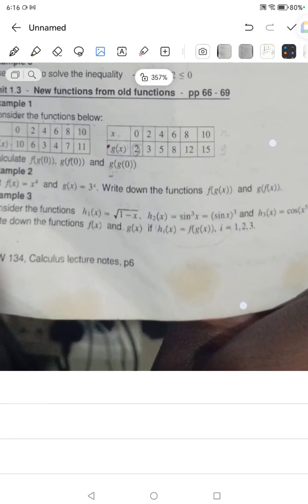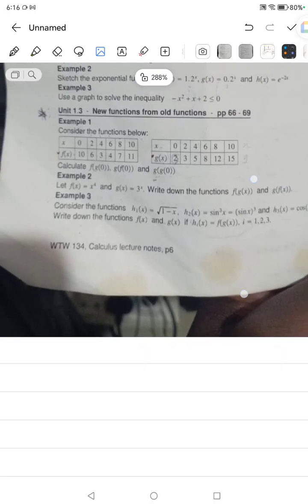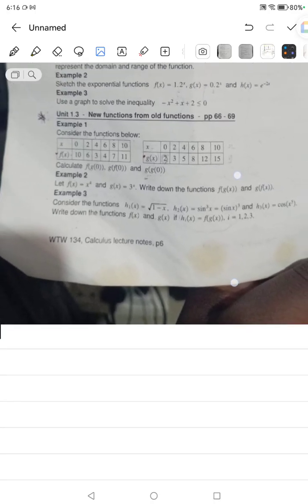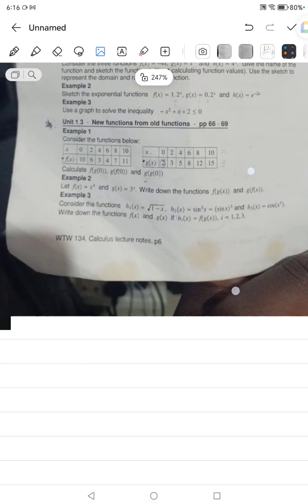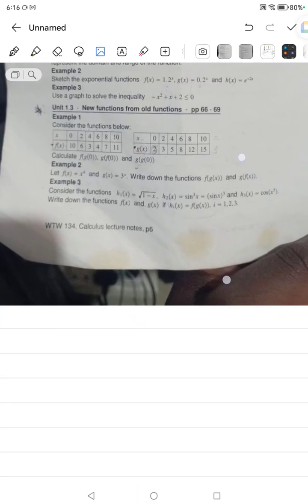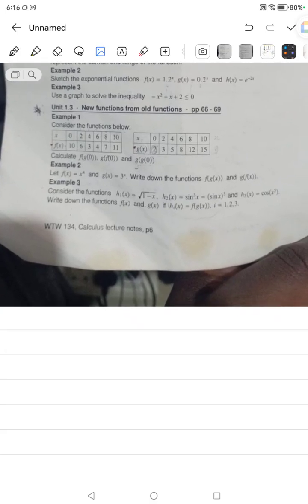I think if I'm zooming like this, it's far better. Let me find a way to add this. Did I send them to myself? I'm not sure.